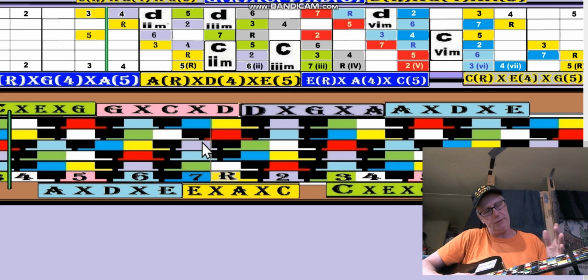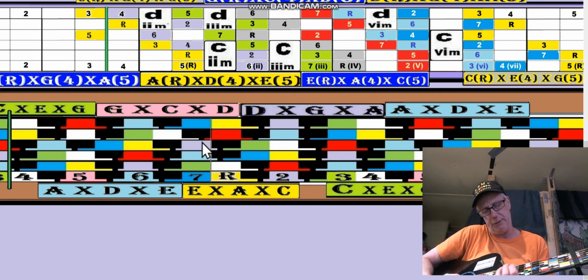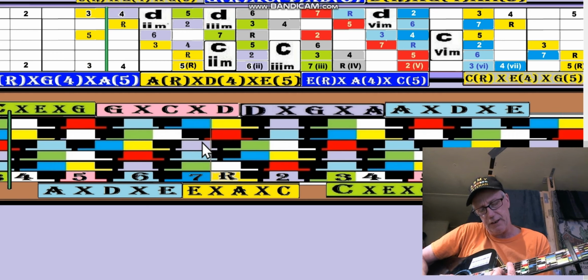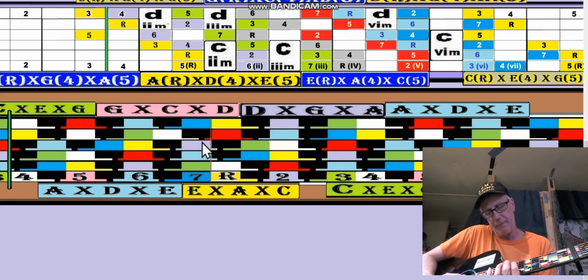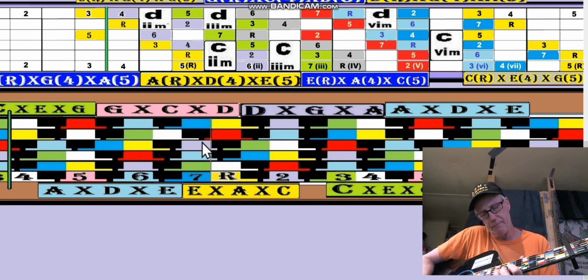The capo doesn't have to be moved up there. It's going to be a C-shaped G, not a C-shaped C. Okay?